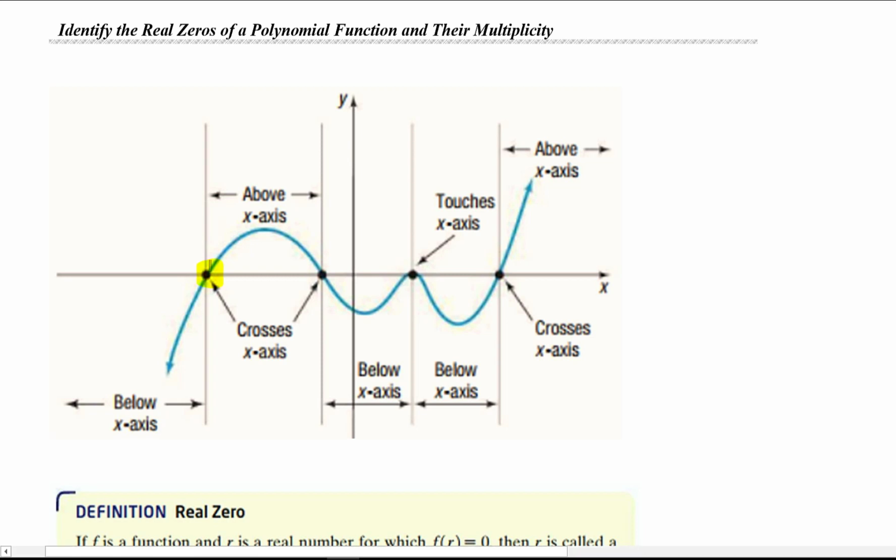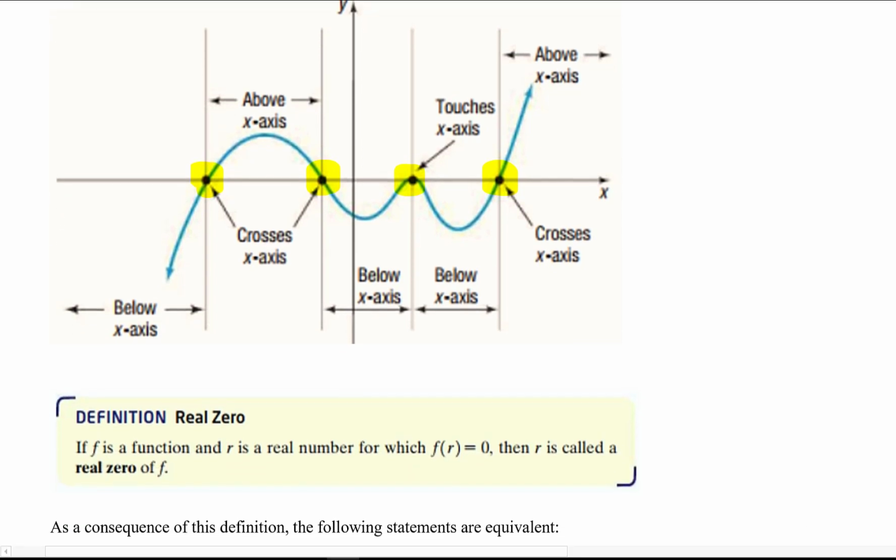Every time you have an x-intercept, the x coordinate of the x-intercept is going to represent a zero. And we've got our definition right here. Real zero: if f is a function and r is a real number for which f of r is equal to 0, then r is called a real zero of f.